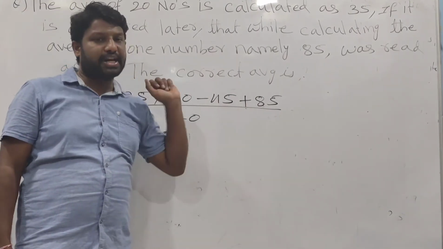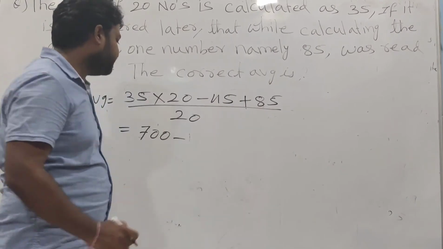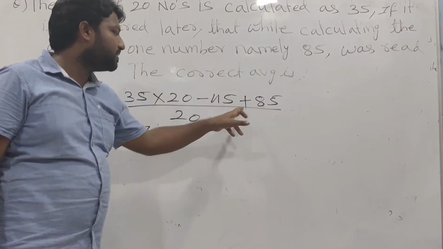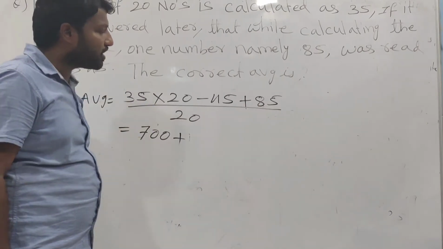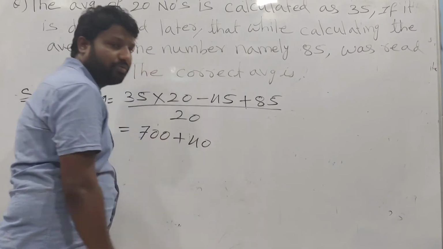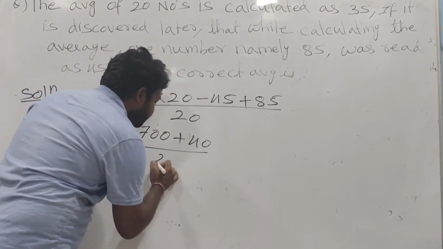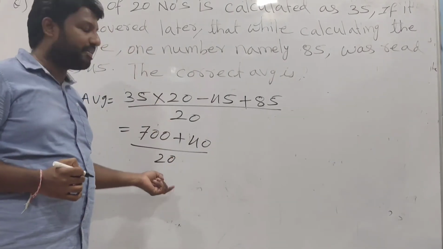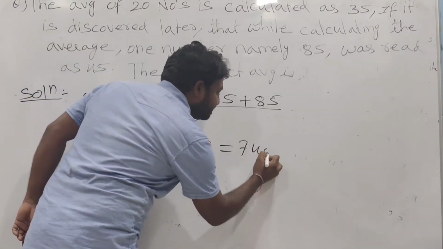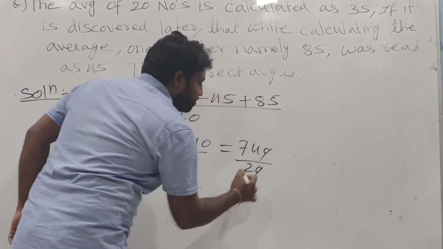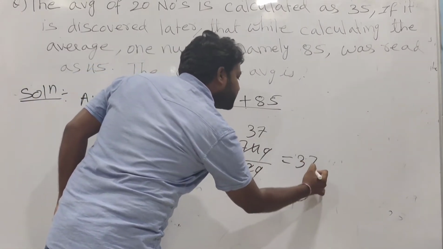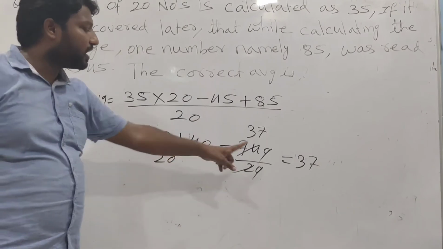Minus 45 plus 85, that is plus 40, since 85 minus 45 is 40. Then 40 by 20. Why am I writing 20? Because I am finding the average. So 700 plus 40 is 740, divided by 20. Zeros cancel, 2 threes are 6... the new average is 37. This is the correct average.